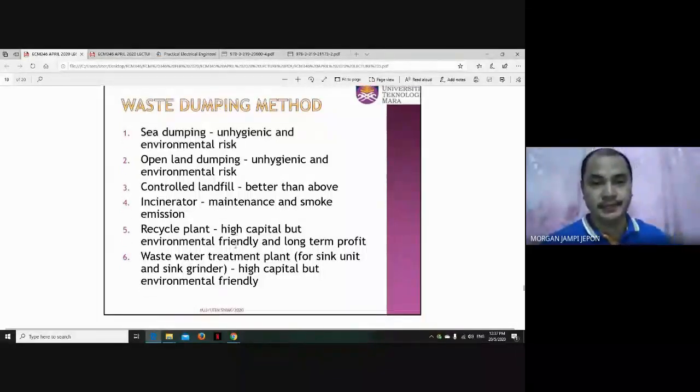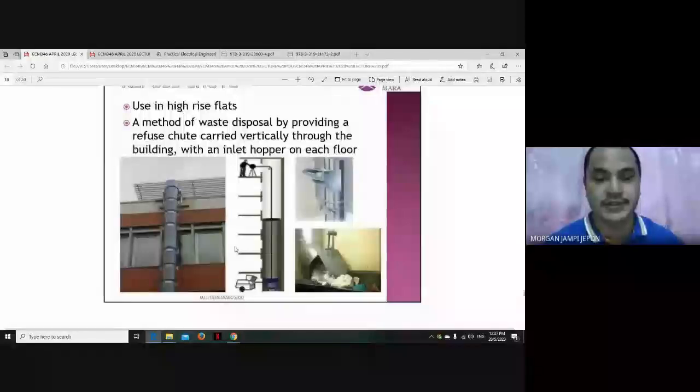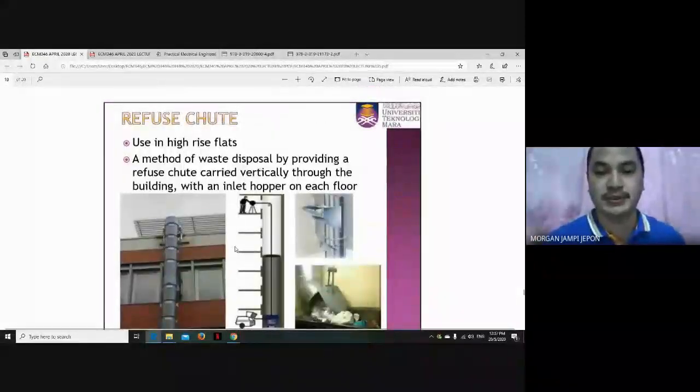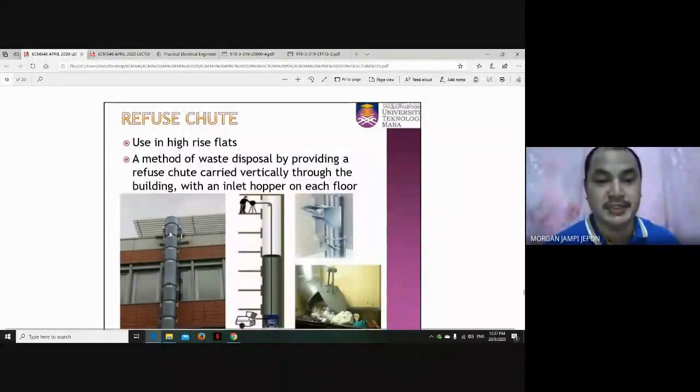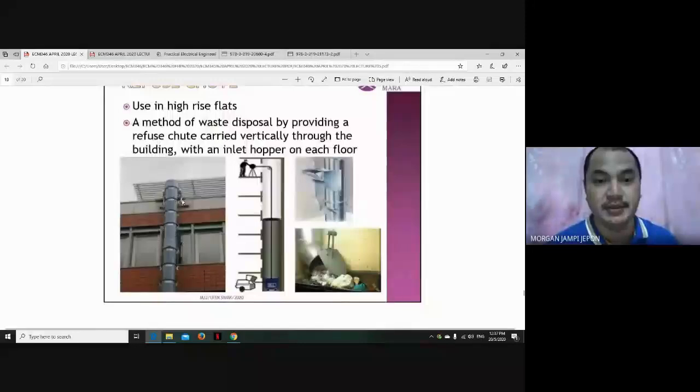So this is called a refuse chute, for the waste disposal system in a multi-story building. As you can see, this is a chute system, right? Or this chute may be placed inside the house. When people want to dispose of their rubbish, they just go to this inlet hopper.